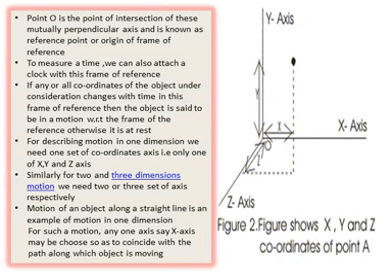Now, to understand the concept of motion in 1, 2 and 3 dimensions, again consider the coordinate system, and the point O is the point of intersection of these mutually perpendicular axes. And to measure the time, you can also attach a clock with this frame of reference. If any or all the coordinates of the object under consideration change with time in this frame of reference, then the object is said to be in motion, otherwise it is at rest.